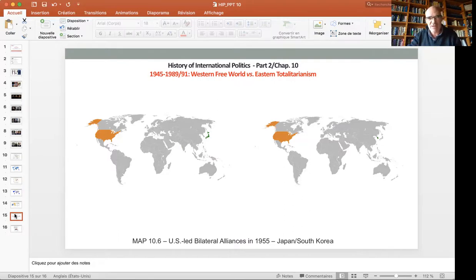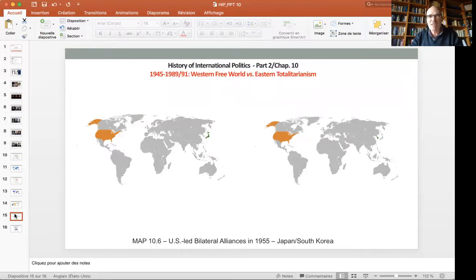No rollback strategy, only a defensive containment strategy. And by adopting this strategy, the Americans permitted what Khrushchev would call a peaceful coexistence between the two major powers. The Americans thus paved the way to a stabilization of the US-Soviet relationship, mainly after the Cuban Missile Crisis.